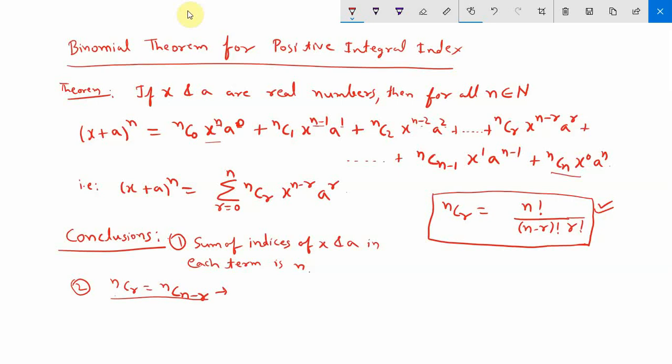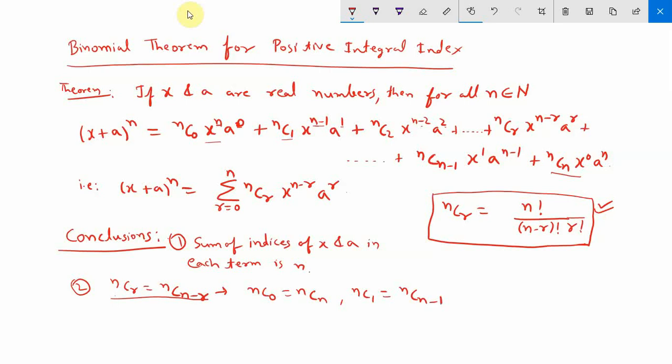So nC0 equal to nC(n minus n). Similarly, nC1 equal to nC(n minus 1), and nCr equal to nC(n minus r). Okay.